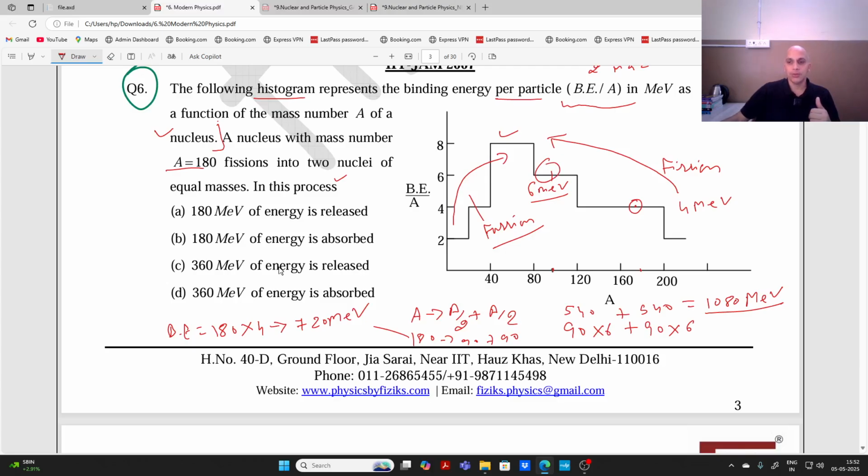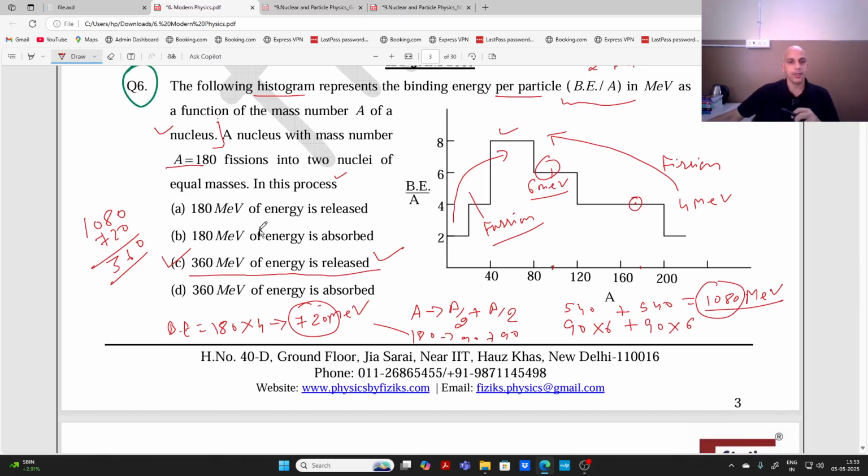So if I take the difference, 1080 minus 720, 360 mega electron volt of energy will be released. This is the correct answer, right? So this was a question from the binding energy per nucleon curve. I'm going to the next question.